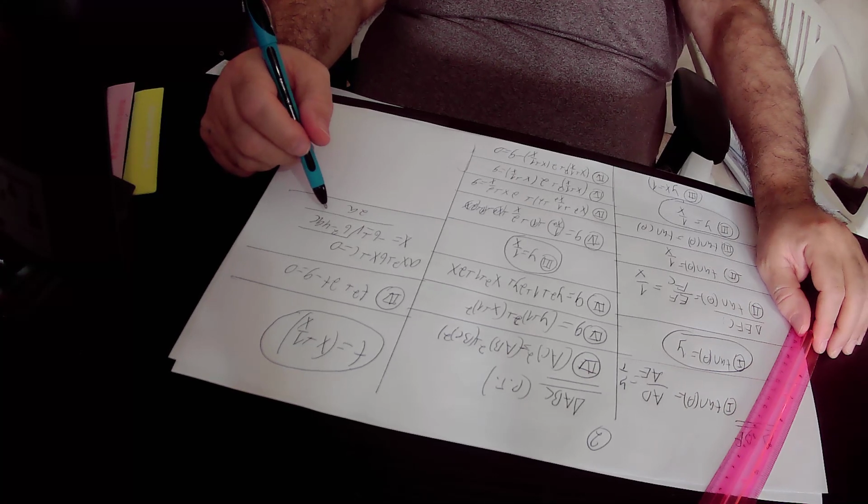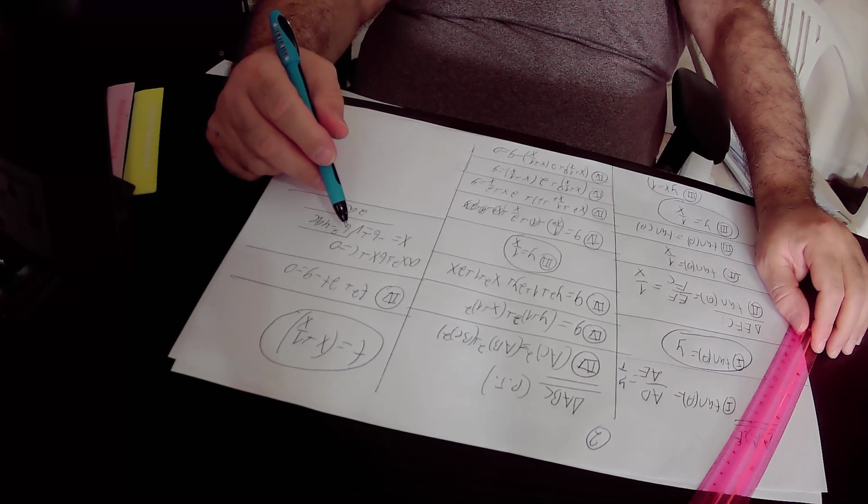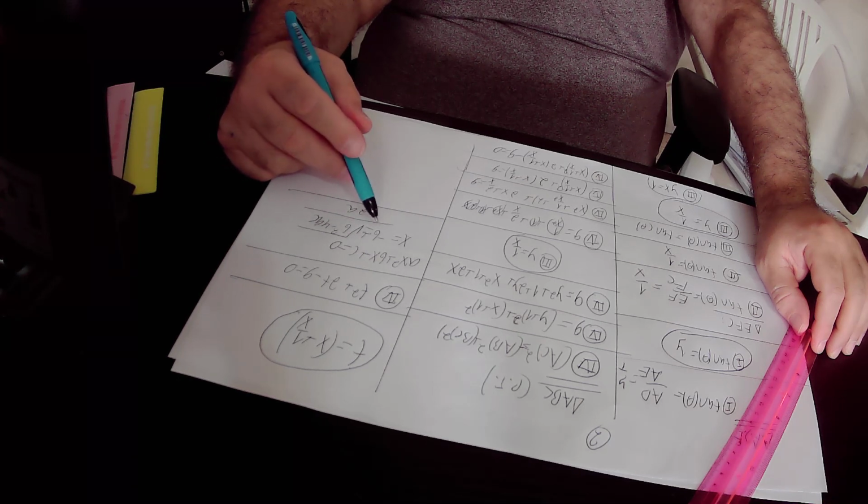Here a, b, and c are the coefficients of the quadratic equation, and x is the variable that we are looking for.